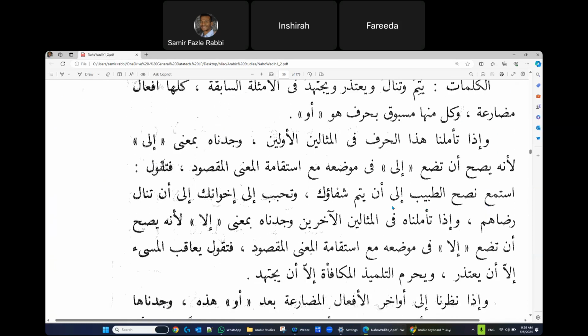Okay, so here what they're saying is in the first two examples about this doctor, the N is in the meaning of ila too. So listen to the advice of the doctor, ila an yutimma shifaka, so that you can reach your healing or your remedy.